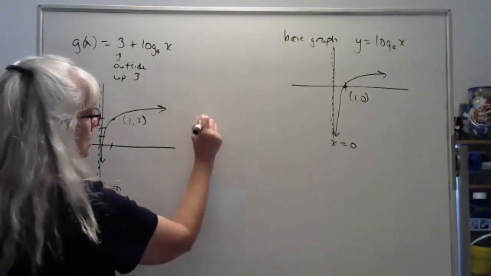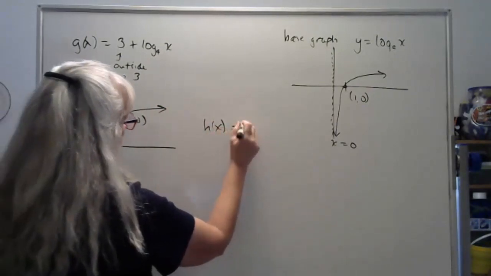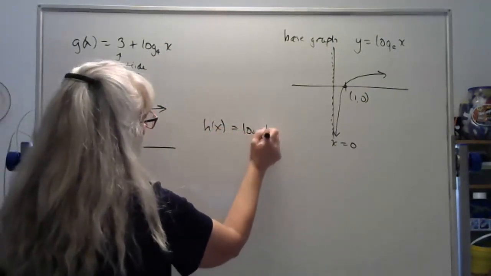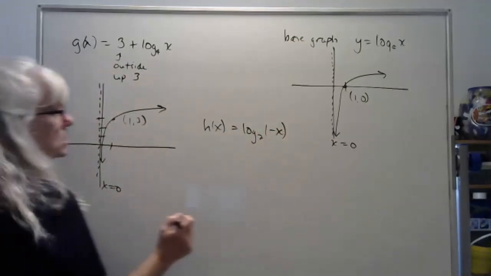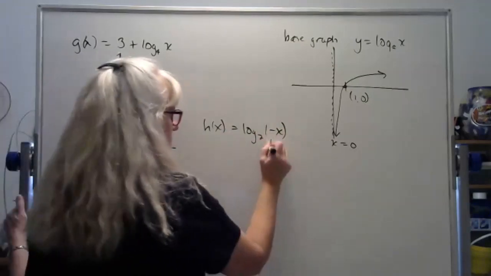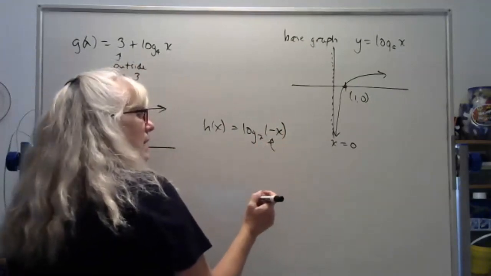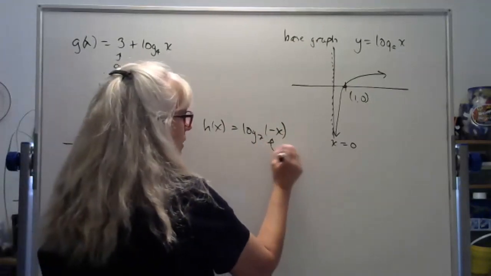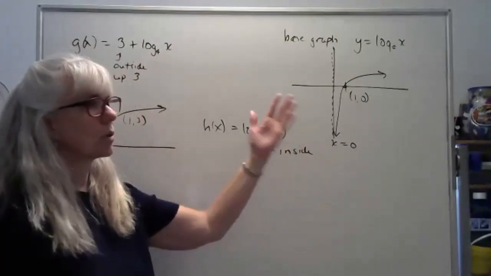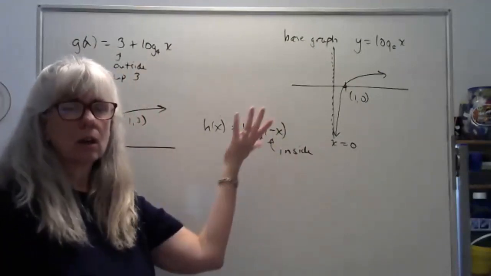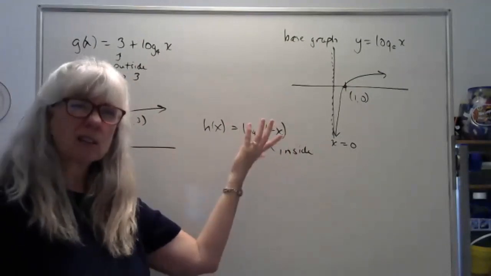You bet. So h of x is equal to log base 2 of negative x. Okay, so that negative is on the inside. So we know that on the inside is affecting things in the horizontal direction, the x direction. So that's going to change the sign of the x values.